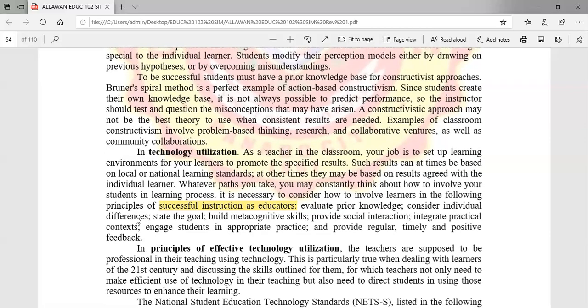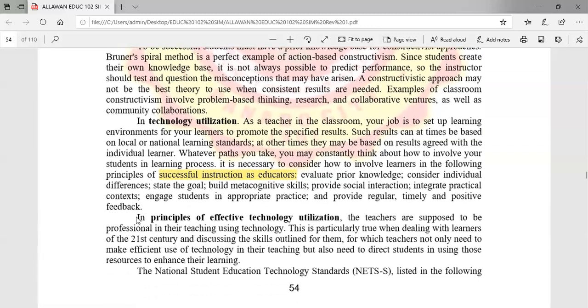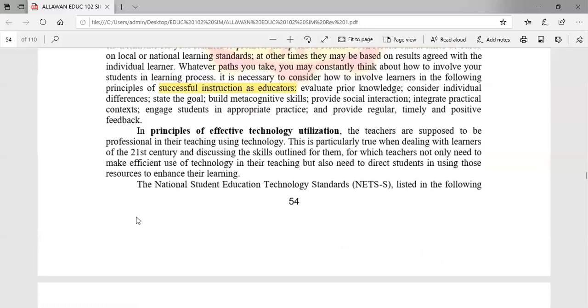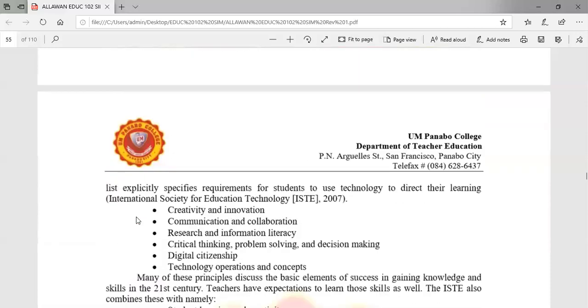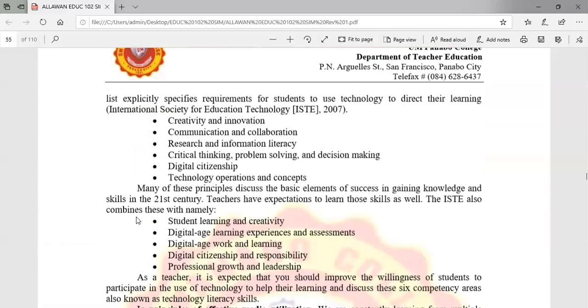So the National Educational Technology Standards for Students, or the NETS-S, listed the following. It explicitly specifies requirements for the students to use this technology in their learning. So we have here the set of skills. First is creativity and innovation.